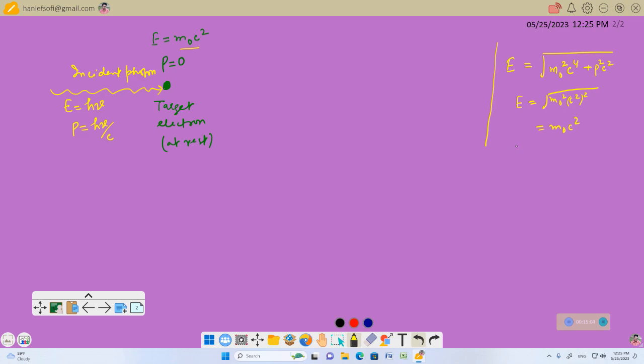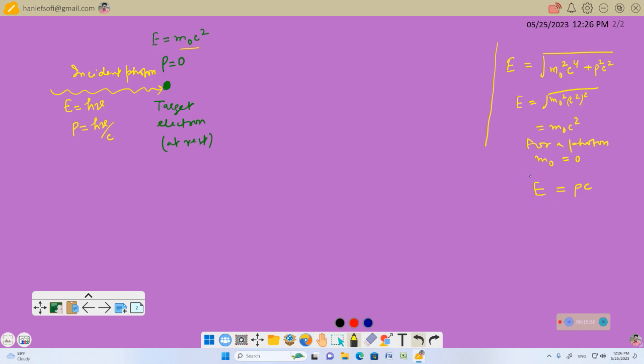Now, for a particle like a photon, there is no rest mass. For a photon, rest mass is zero. So this relation reduces to E is equal to Pc. When you put m naught equal to 0, this term will go, it will become E equals square root of P square c square, then you take the root, cancel the root with the square, you get E is equal to Pc.